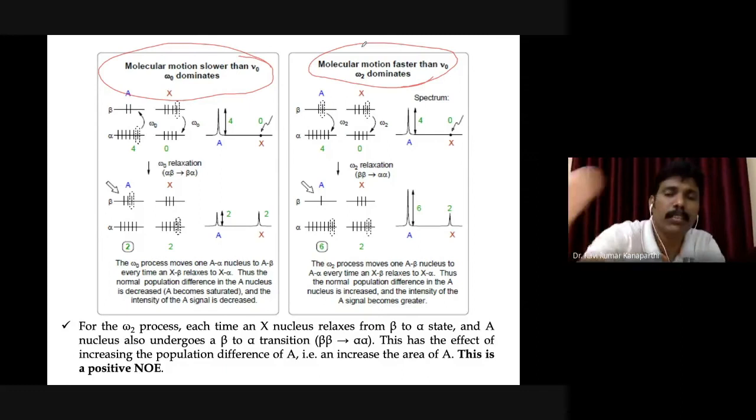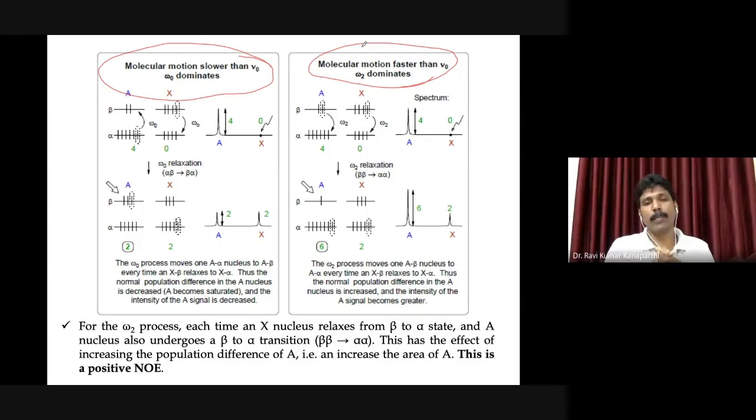If the molecule is very big, it can't move very fast in the medium, right? In that case, the omega zero, the zero quantum relaxation process, will be high.